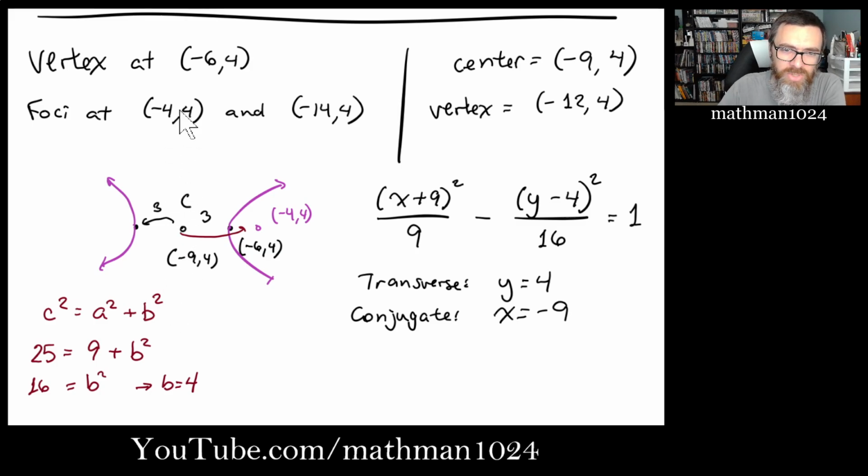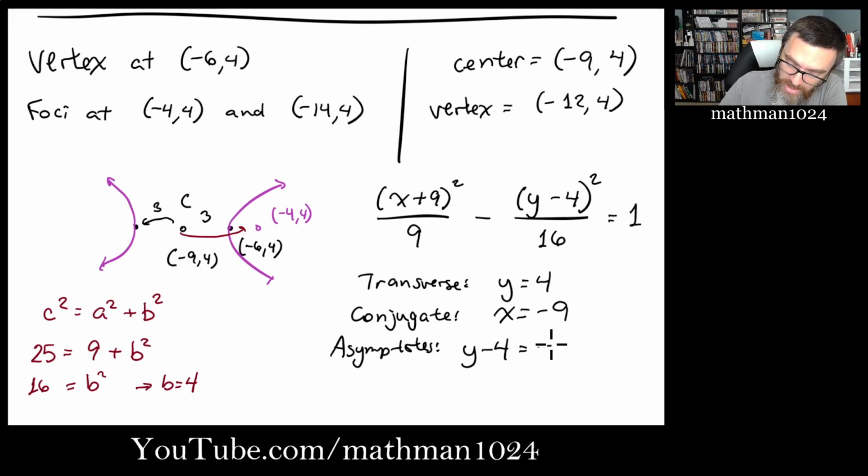Vertical line going through the center, x equals -9. Your asymptotes. So y minus 4 equals plus or minus b over a. B is coming from that guy, so it's 4 over a, 3, and then times x plus 9.